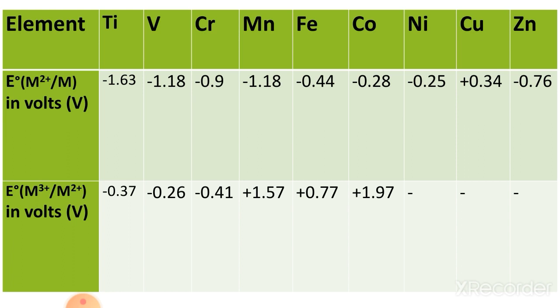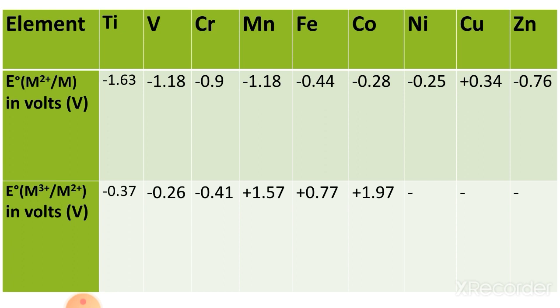So here copper changes from +1 to +2 and 0. So that's why this shows the disproportionation nature of copper plus. One more reaction noted down: 2 Cu2+ + 4I- gives Cu2I2 plus I2. So this is also a very important reaction from the examination point of view.